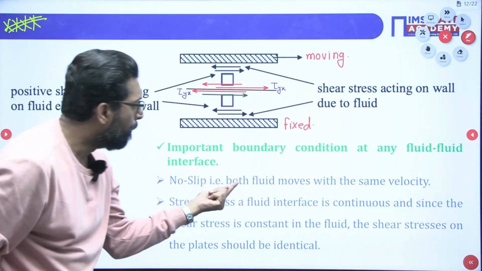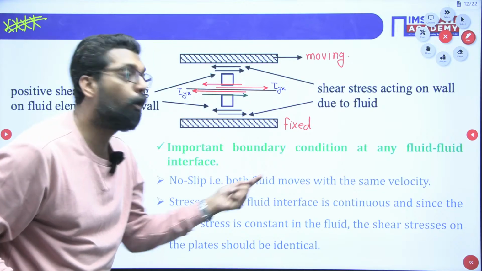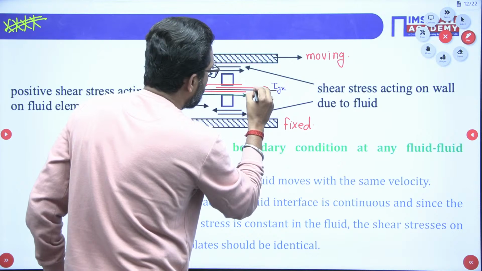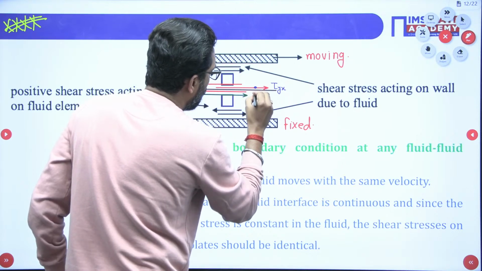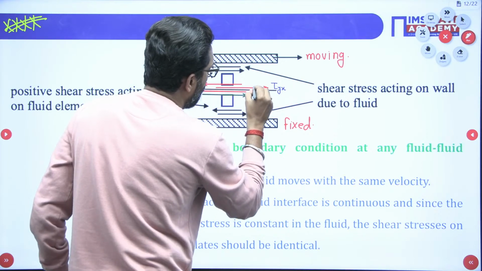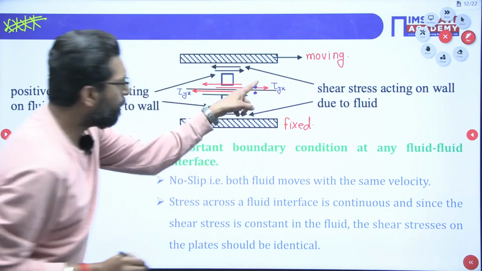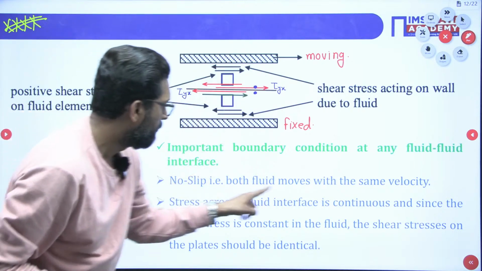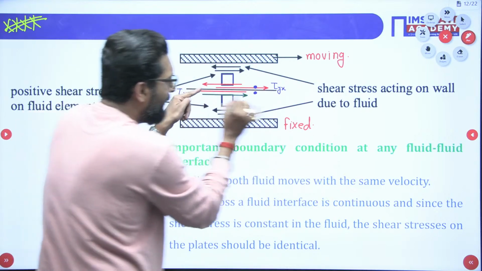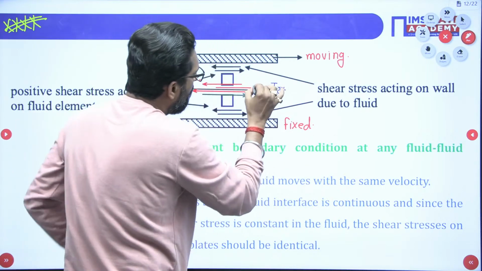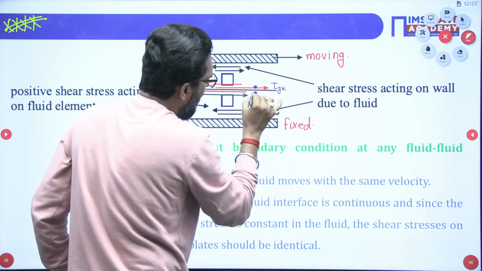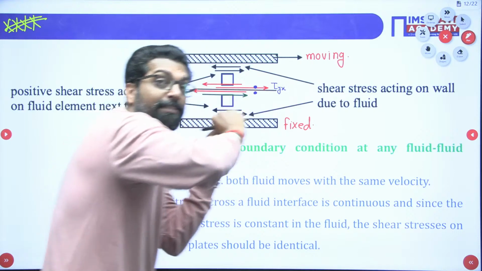That means if you take the fluid at this point and the fluid at this point, fluid on this point and fluid particle on this point, both of the fluids have the same velocity. At this layer, the top fluid and the bottom fluid have the same velocity.